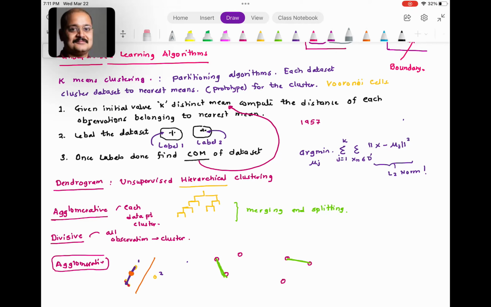Then it's going to replace these 2 points with one point at the center. Then it finds the distance from this, and observes that this point is very close, so it will find the mean and observe that this is one cluster. Here the same thing is going to happen. It's going to combine these two and replace them with the center point over here, and then this cluster is identified.